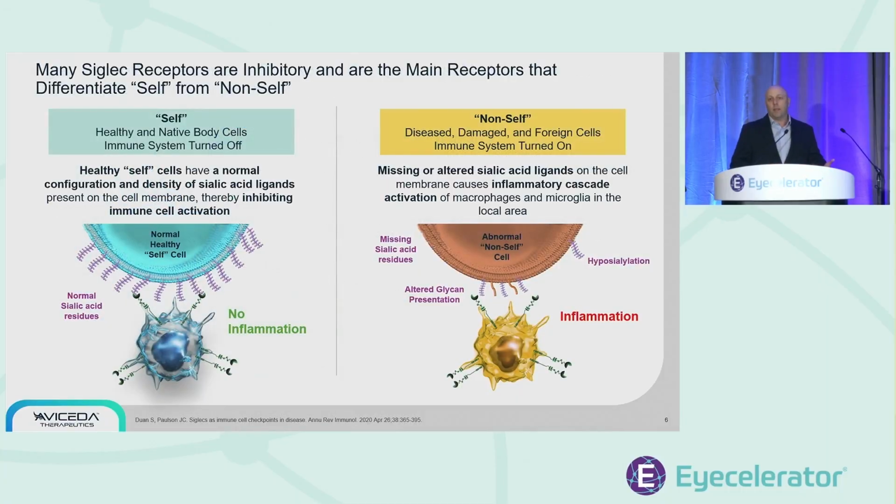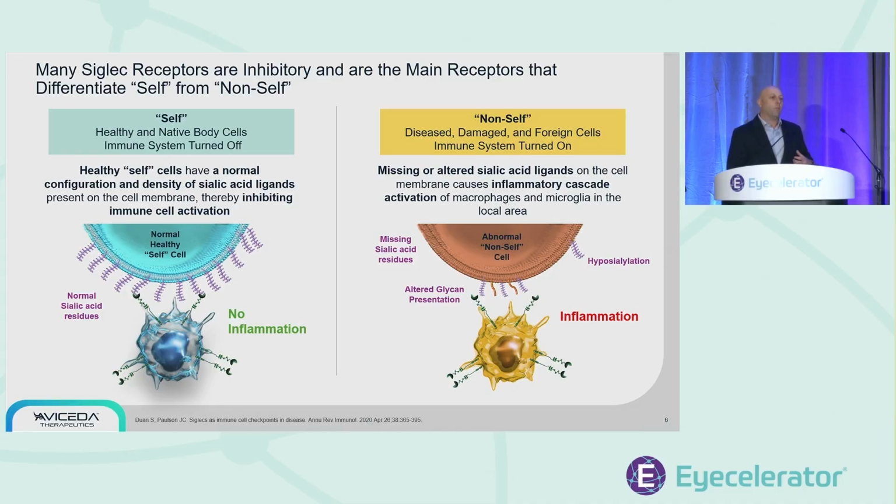This is something that happens not only throughout the body on a normal basis, but also is a similar concept that's being leveraged to treat oncology indications. And when we think about how the immune system recognizes self versus non-self, it's done so by these siglec receptors recognizing the sialic acid residues on normal, healthy cells.